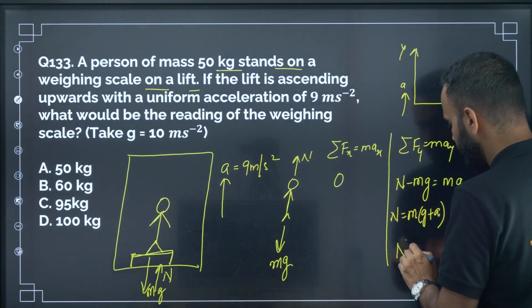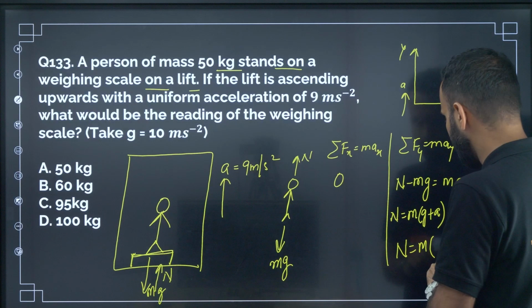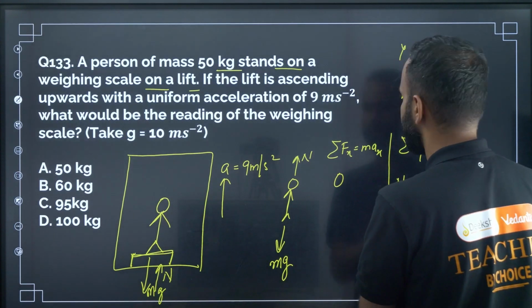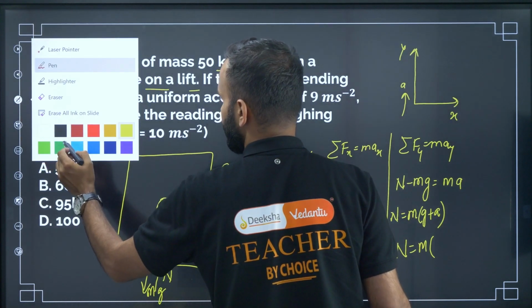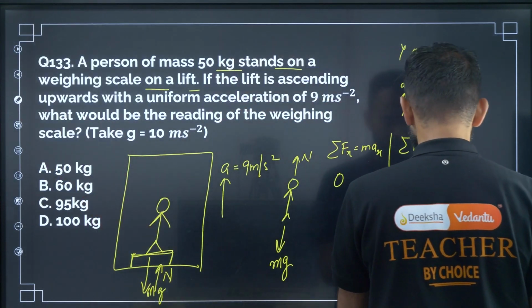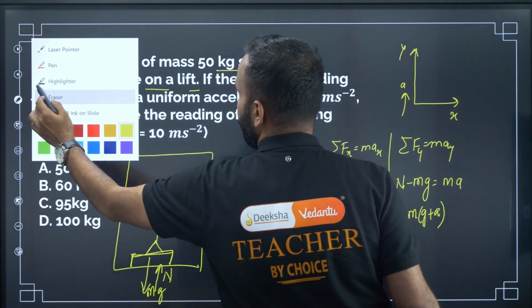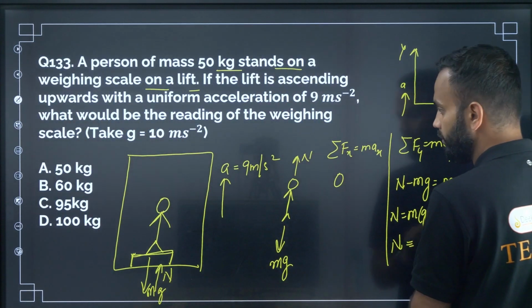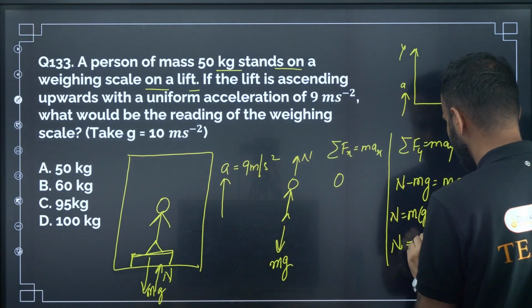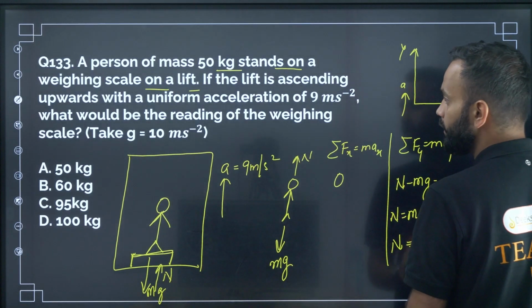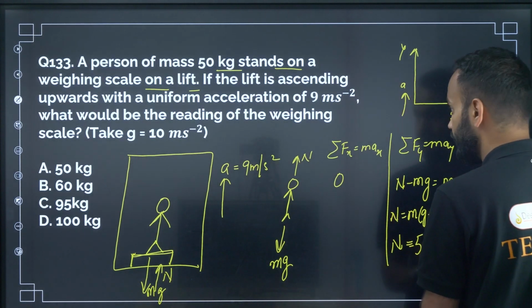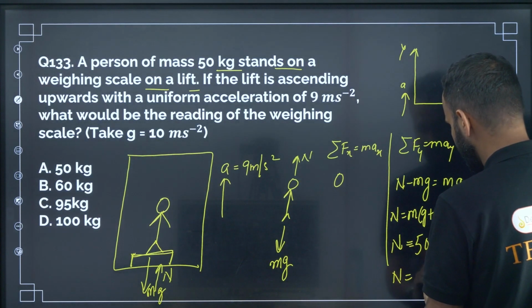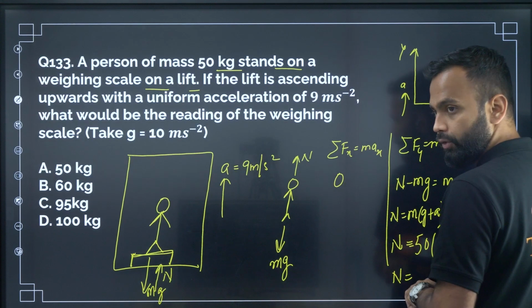G is 10 meters per second squared, a is 9 meters per second squared. So n is equal to m, which is 50 kg, 50 into g plus a, 10 plus 9, which is 19. So n equal to 19 into 50.